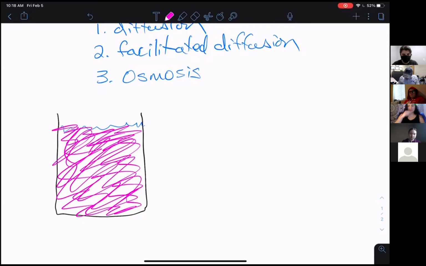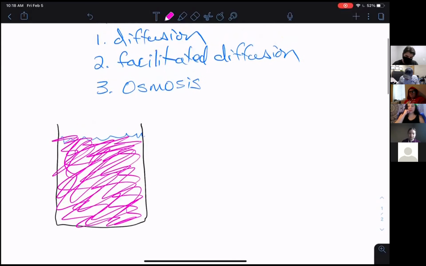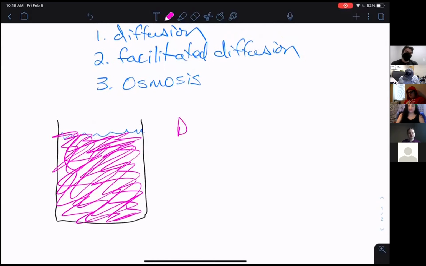So typically what we think of when we think of diffusion, I'm going to use the word solutes. Who remembers what a solute is? I want to make sure you remember that word before I talk about it. Solute. What is a solute? It was like week 2.